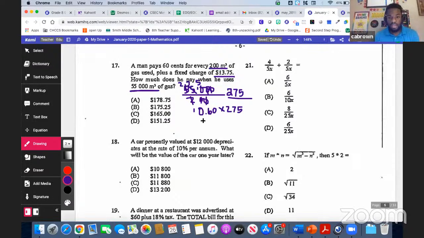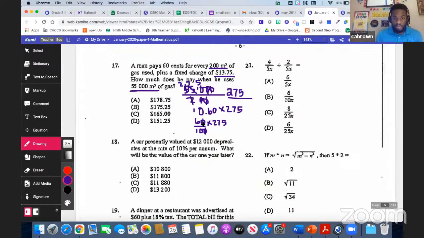I normally like putting it as 60 over 100 times 275. Or if you want to go ahead and multiply, 0.60 times 275 can work as well.